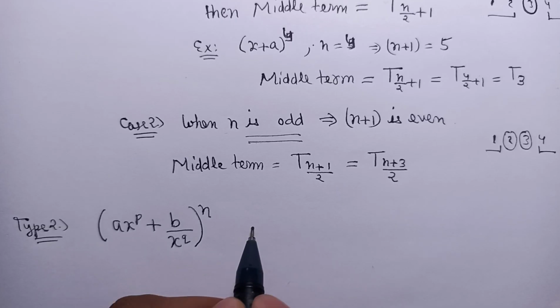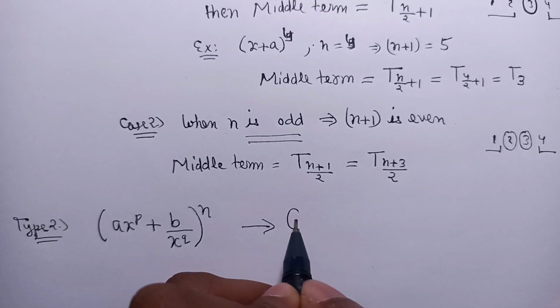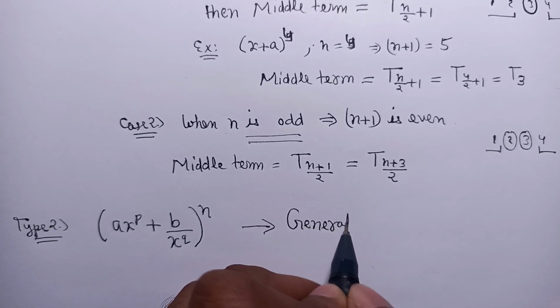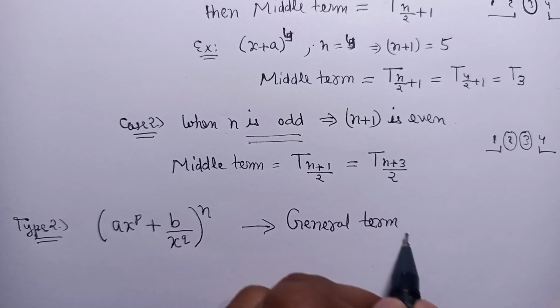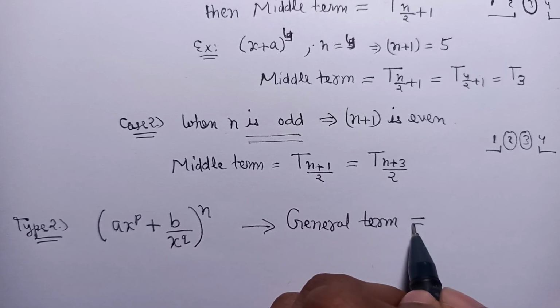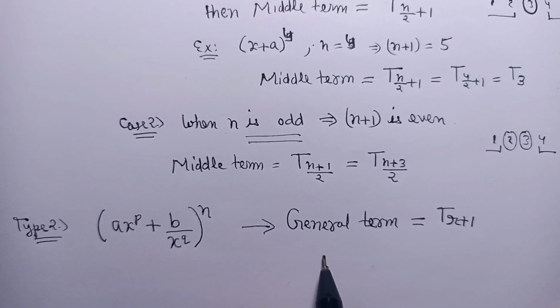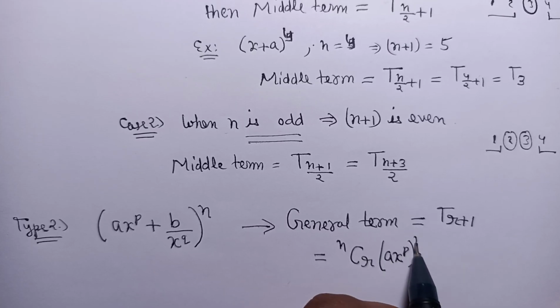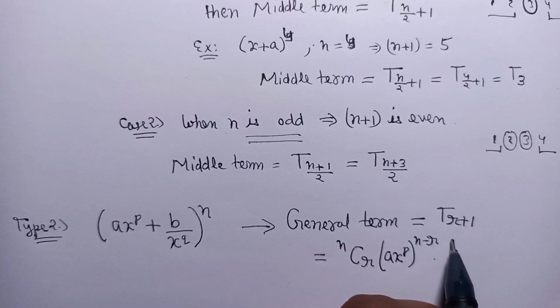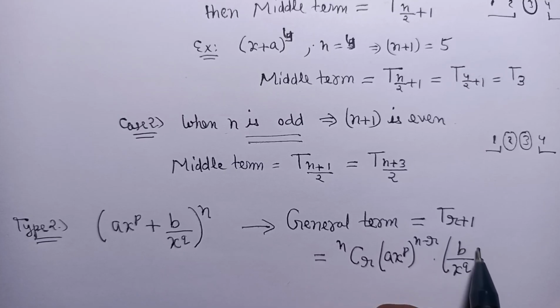With this form, what is the general term? The general term will be equal to T(r+1), which is equal to nCr, where the first term is (a x^p) whole power n minus r, and the second term is (b/x^q) whole power r only.